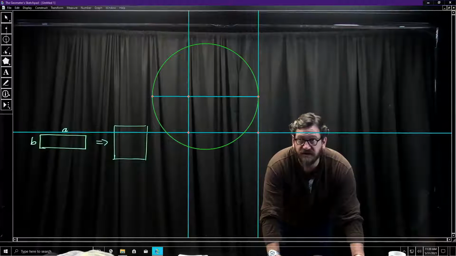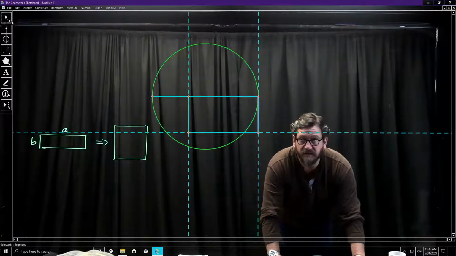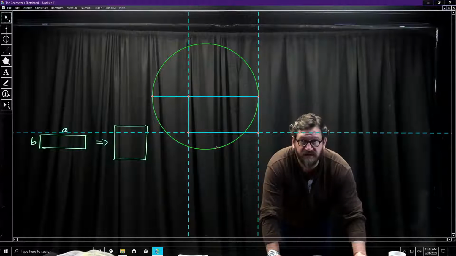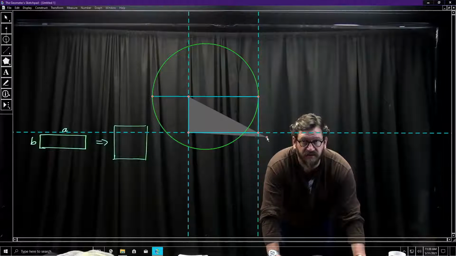In order to see just the rectangle, let me throw up some segments, and only some segments. I'll start hiding some lines in just a moment. I'm going to leave this line right here for a moment, but I'm going to put in the interior of my rectangle so we can really see it.